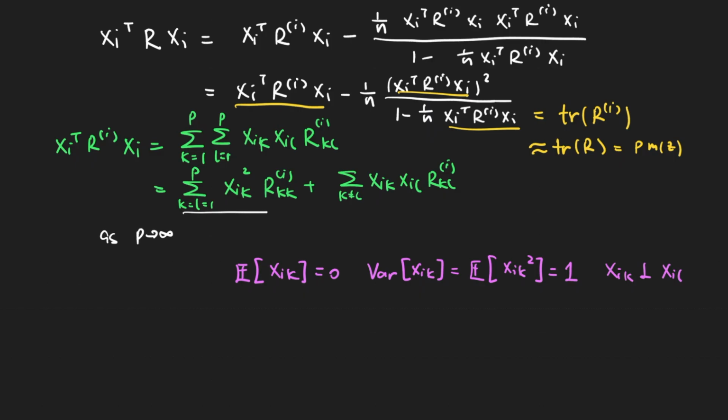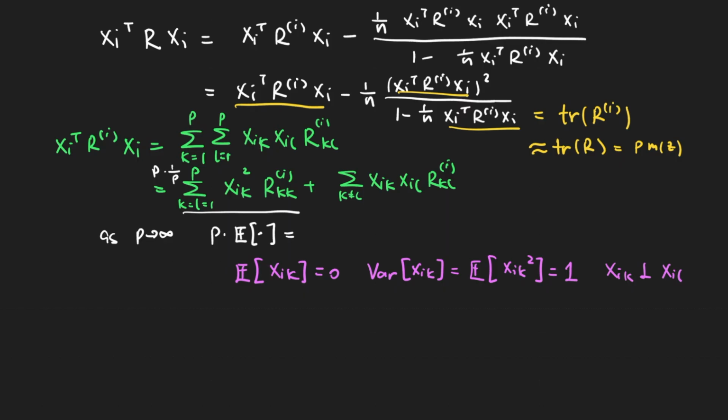Okay, so if we look at the first term, a nice way to think about this is that if we multiply and divide by p, then we get an average over many independent random variables. And as p goes to infinity, this average approaches its expectation. So this will just become p times its expectation. I'm not going to spell it out here.